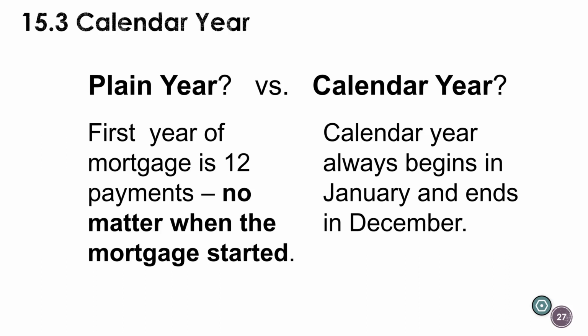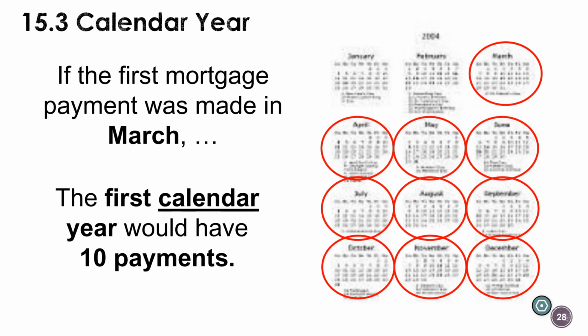Here's how this works. If it doesn't say calendar year, then it's a plain year. It has to actually say the words calendar year, and that's where the tricky part comes in. You have to figure that out based on the calendar year. That's what I'm going to try to explain to you. So if the first mortgage payment was made in March, the first calendar year would have 10 payments.